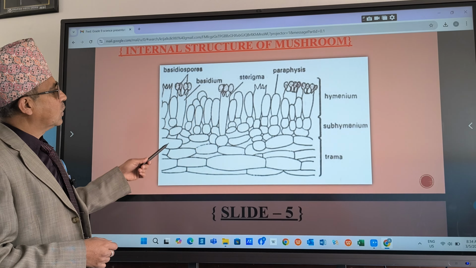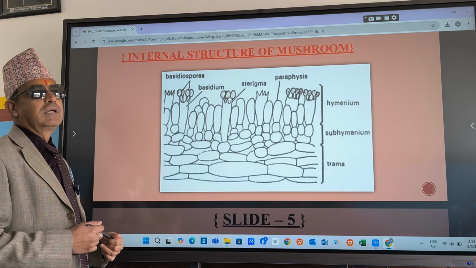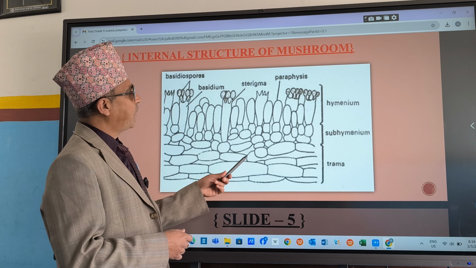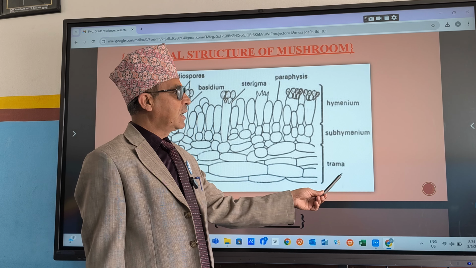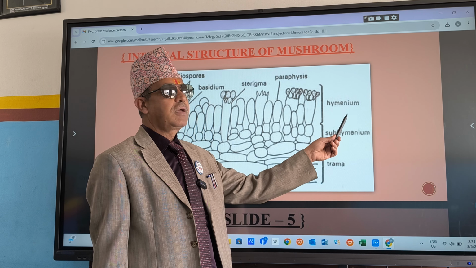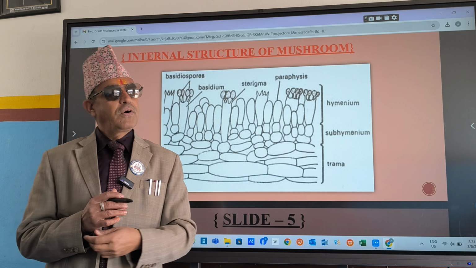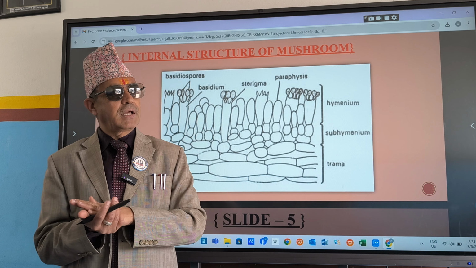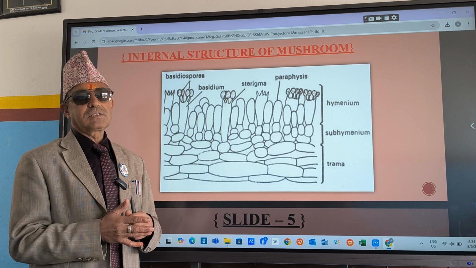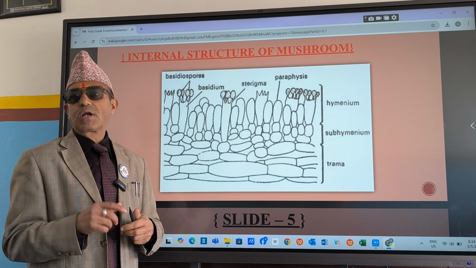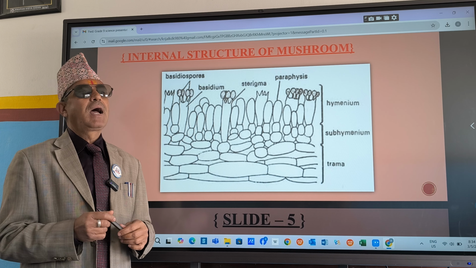When we cut the gills, we can see some parts. Mainly the gill contains three parts: trama, subhymenium, hymenium. Fungi is that type of organism in which there are no true cells, so the body is made up of thread-like structures. We call them hypha.